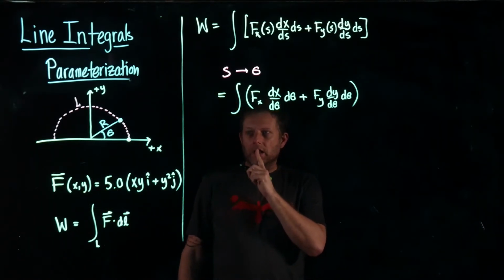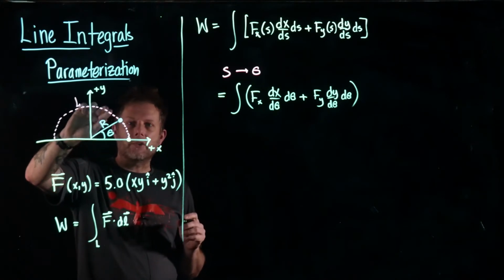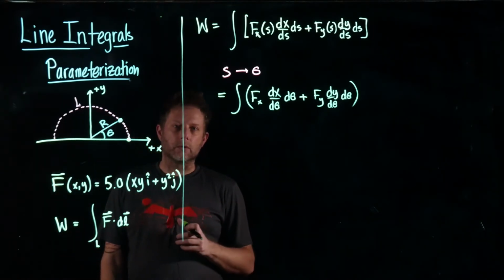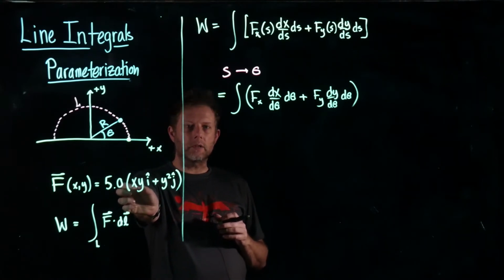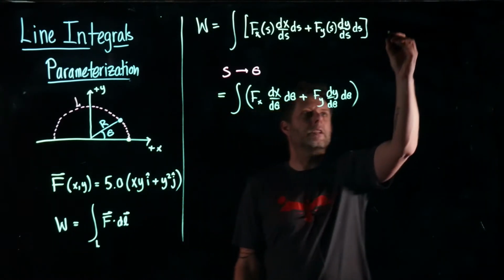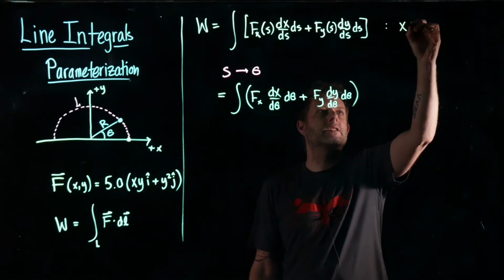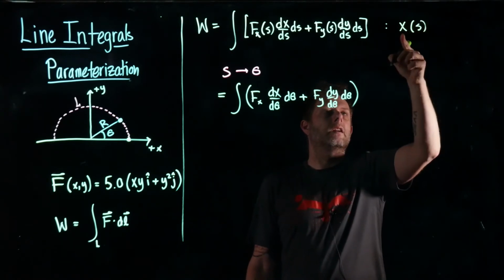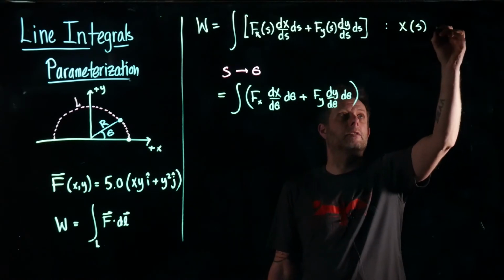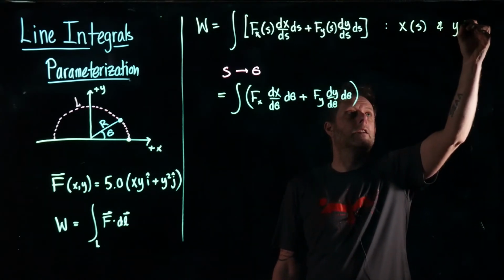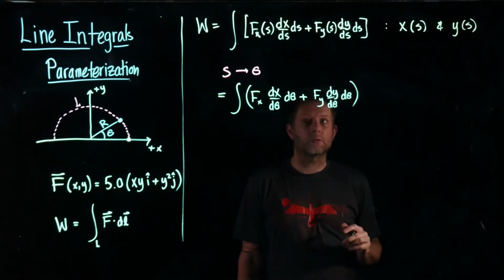However, if we were to draw the force here, we could always split it into components, right? But we do know something about these geometrical components here. Remember, from this definition, we needed the x position as a function of this parameterization variable, and the y position as well.